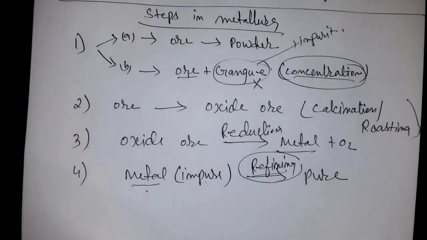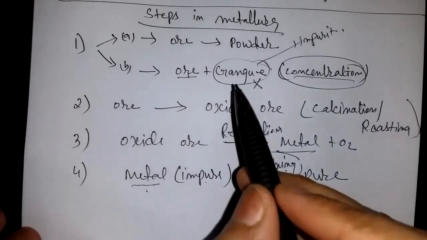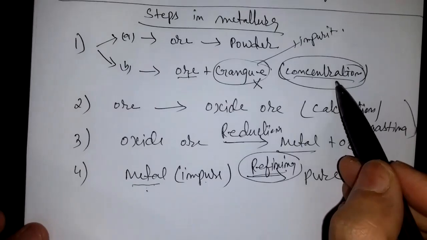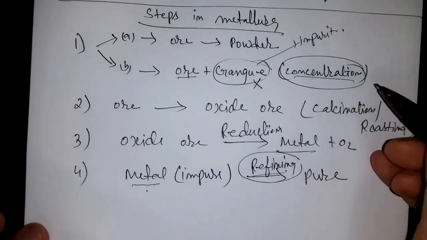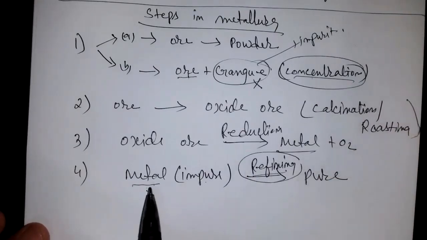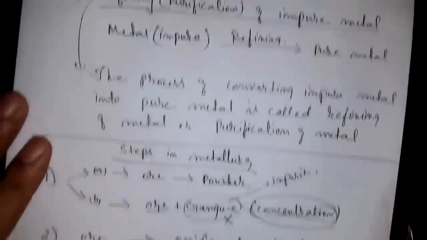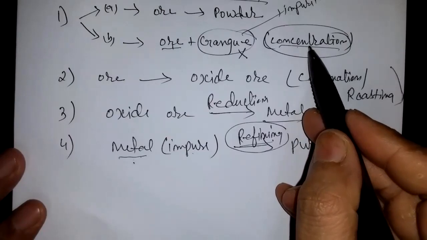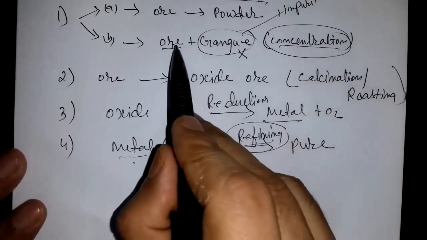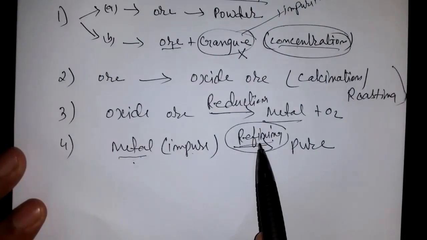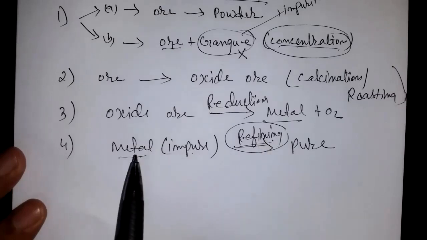The difference is where the impurities are removed from. If impurities are removed from the ore, the process is concentration. Concentration is also called purification, but it is purification of ore. Whereas refining is also called purification, but it is purification of metal.